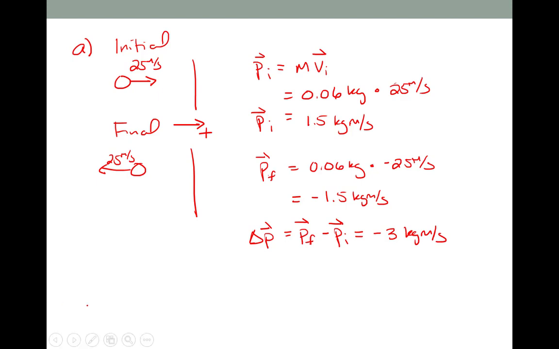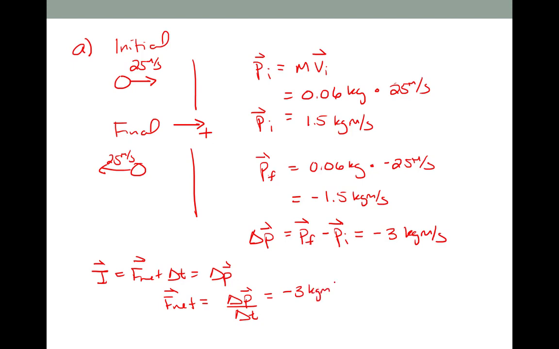I can now use the other definition of impulse. So remember, impulse is net force times a time, which equals a change in momentum. And find the force on the ball by taking the change in momentum and dividing by the time interval. So that's negative 3 kilogram meters per second.